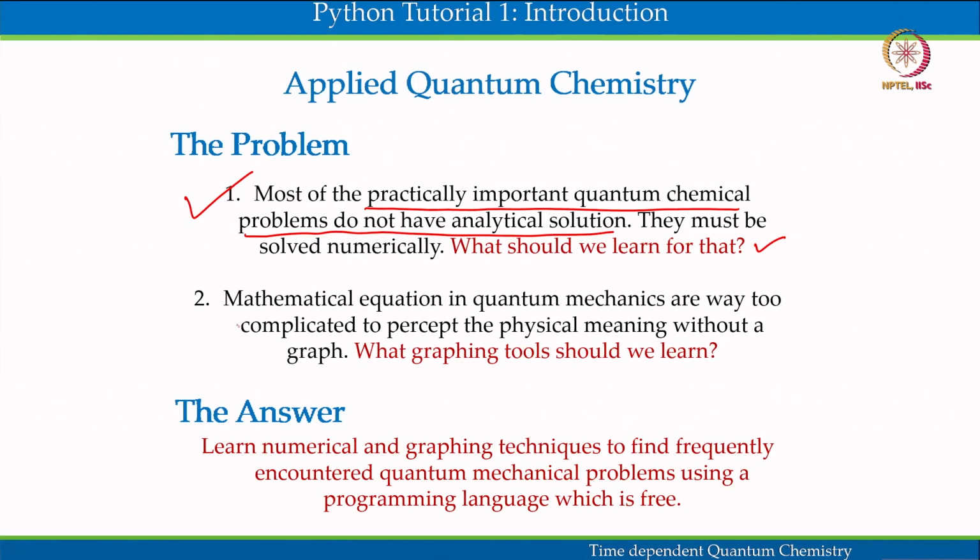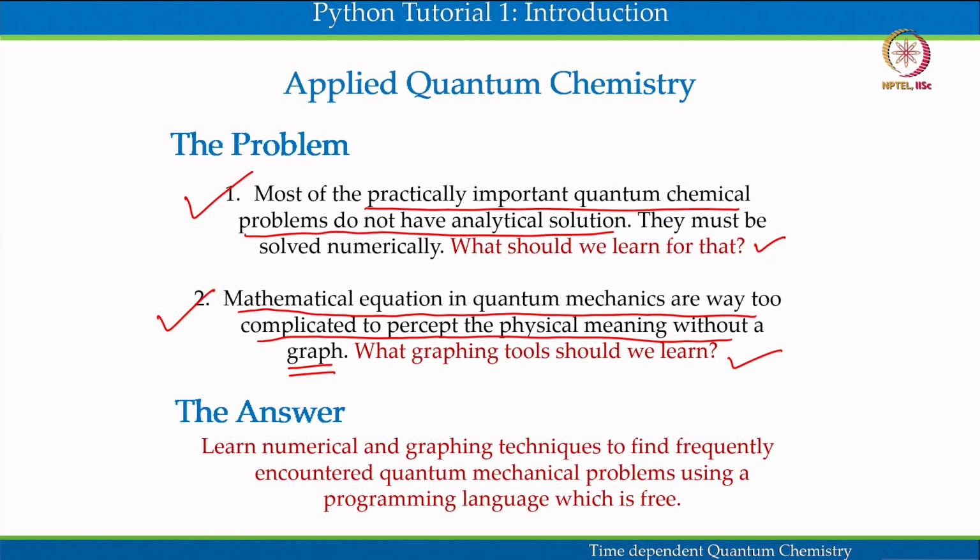So another problem is that even if we have analytical solutions in quantum mechanics, these analytical solutions are way too complicated to perceive the physical meaning without a graph. And question is, how do I use different graphing tools to portray the physical concept behind the quantum mechanical system?